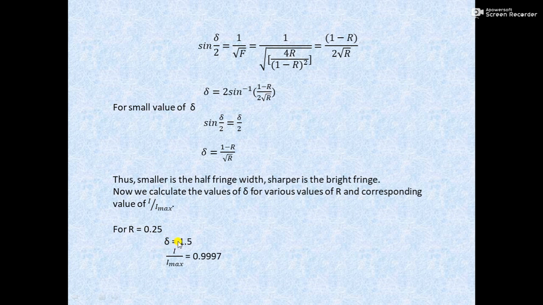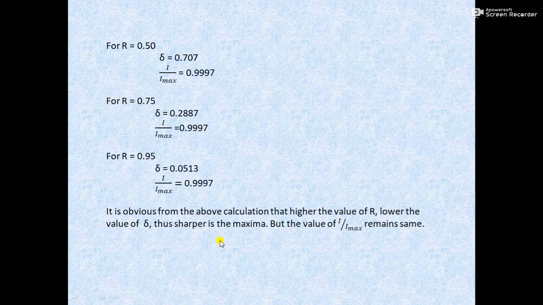The δ value comes to 1.5 and I/I max comes to 0.9997. If we increase the r value to 0.5, that is 50%, then the δ value decreases to 0.707 and the I/I max value remains the same.